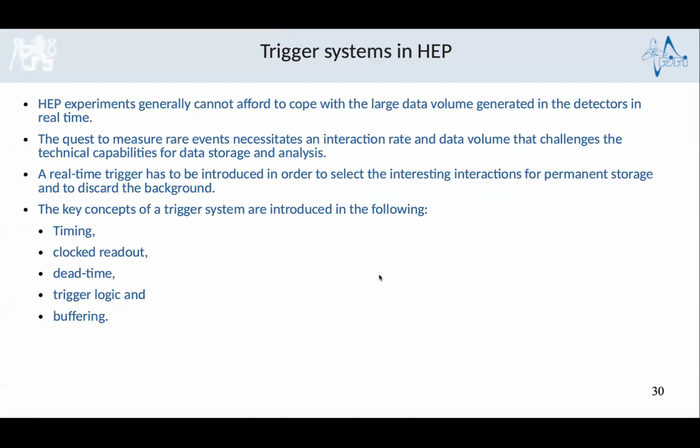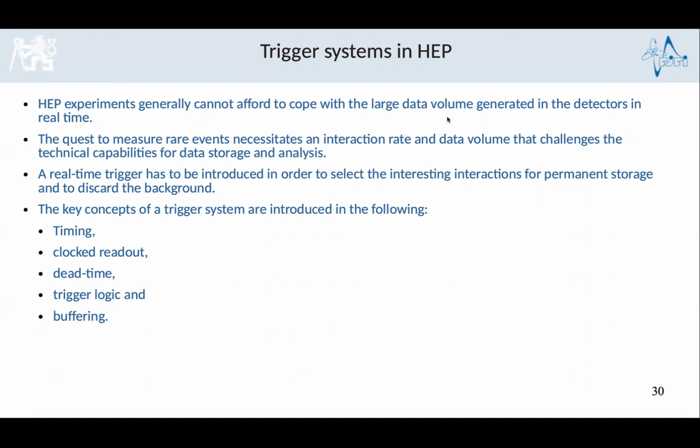Okay, so today we will continue with the part of the triggers for high energy physics experiments. We already saw last time that triggers are used in these experiments because we don't want to record all the information. We have a lot of information that we are not interested in recording, and the data volume in the current experiment is very large.